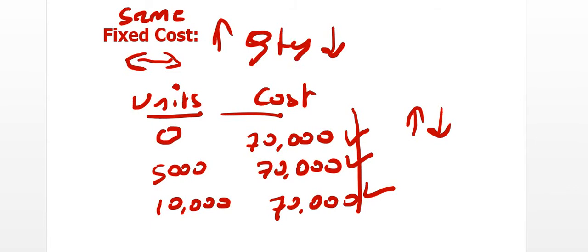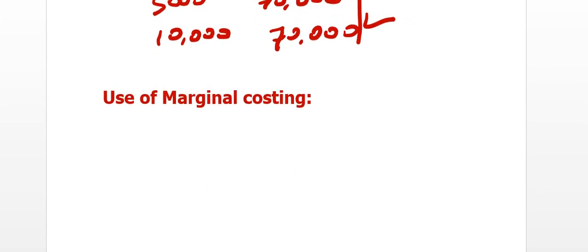Now the question is why we are converting the total cost into variable cost and fixed cost. Now for that we need to understand the accounting part of the organization. Now if I'm talking about accounting technique, then in accounting technique the financial data of organization are recorded.